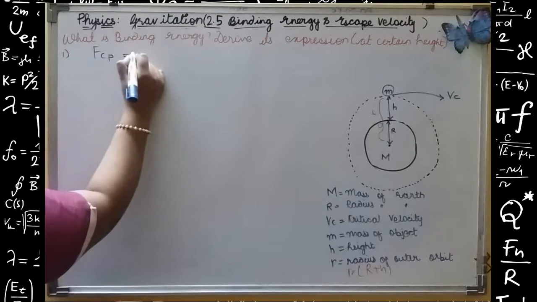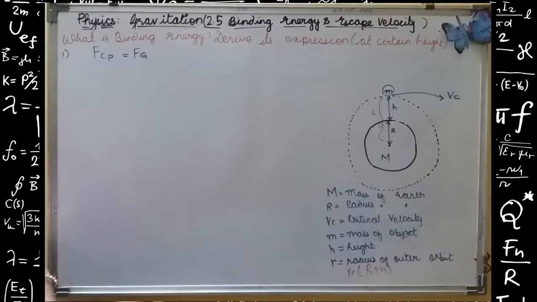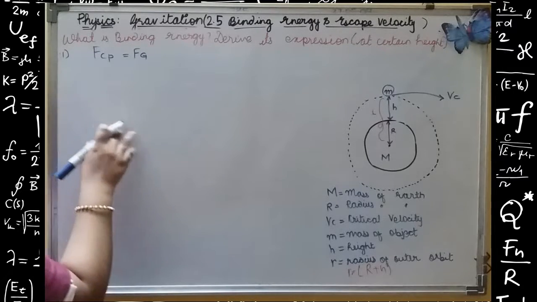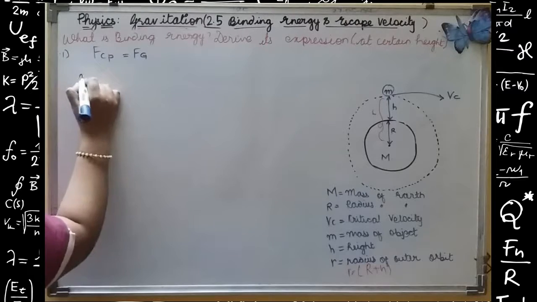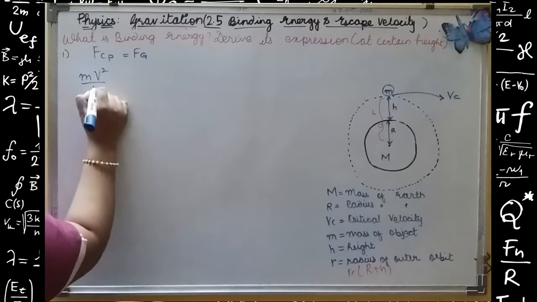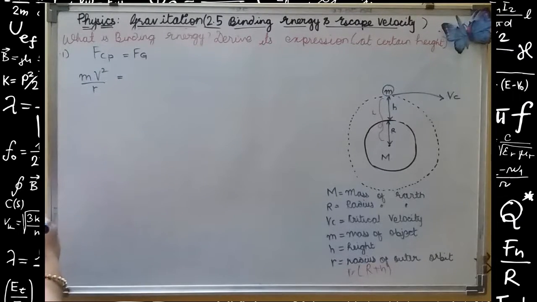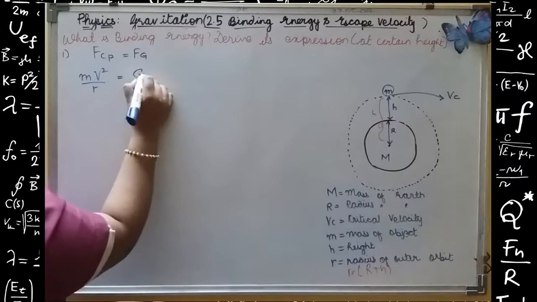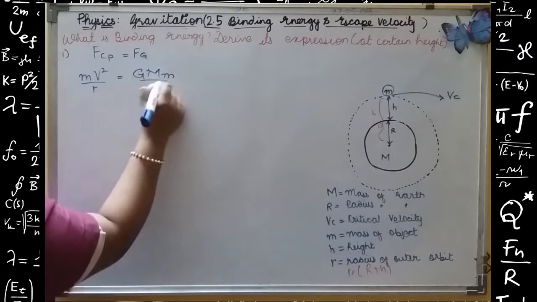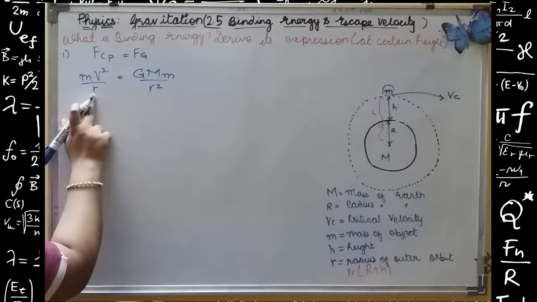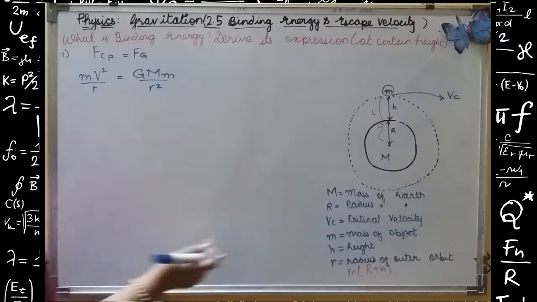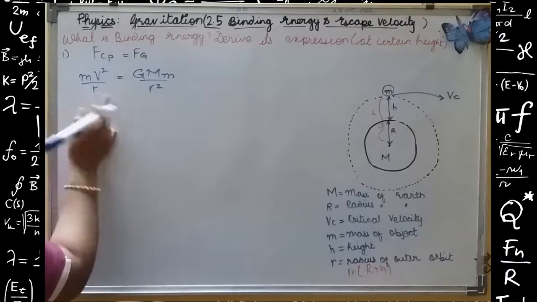The necessary centripetal force is equal to the gravitational force provided by the Earth. What is the necessary centripetal force? The expression is mv square upon r. What is the gravitational force expression? It is GMm upon r square. But we already know that r is nothing but R plus h, so we will substitute it here.